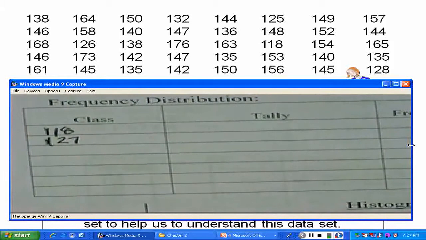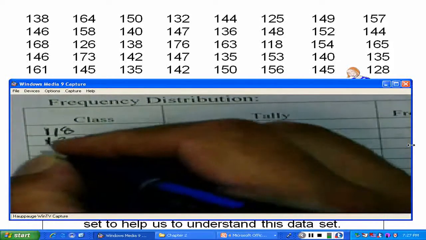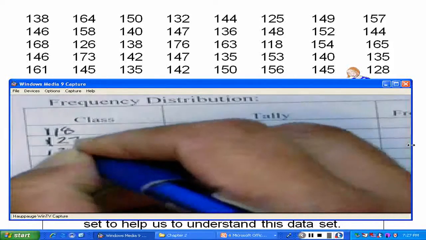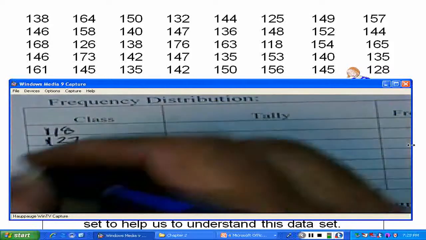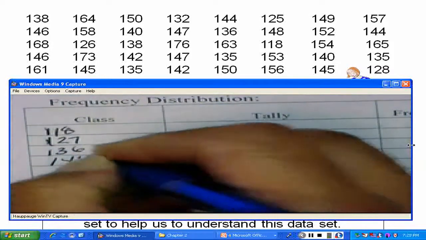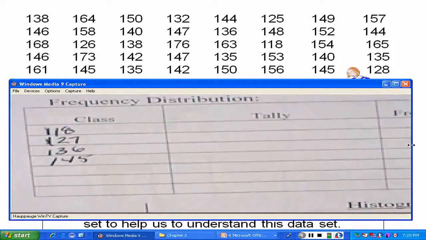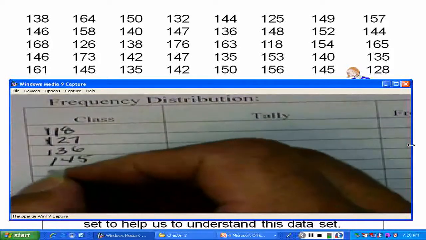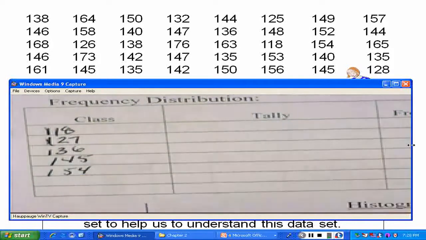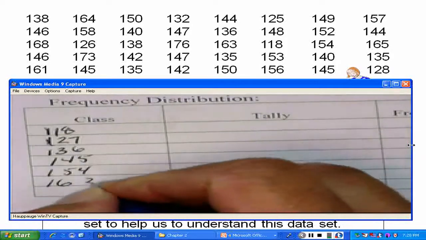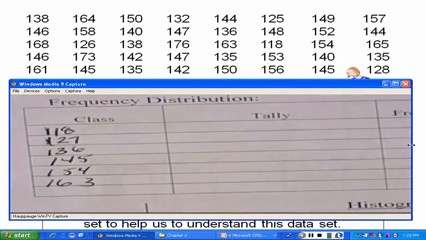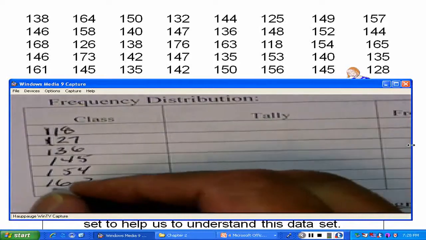Then I add 9 again. What's 127 plus 9? 136. Then I add 9 again, and you get 145. Then I add 9 again, and I get 154. Then I add 9 again, and I get 163. Then I add 9 again, and I get 172.